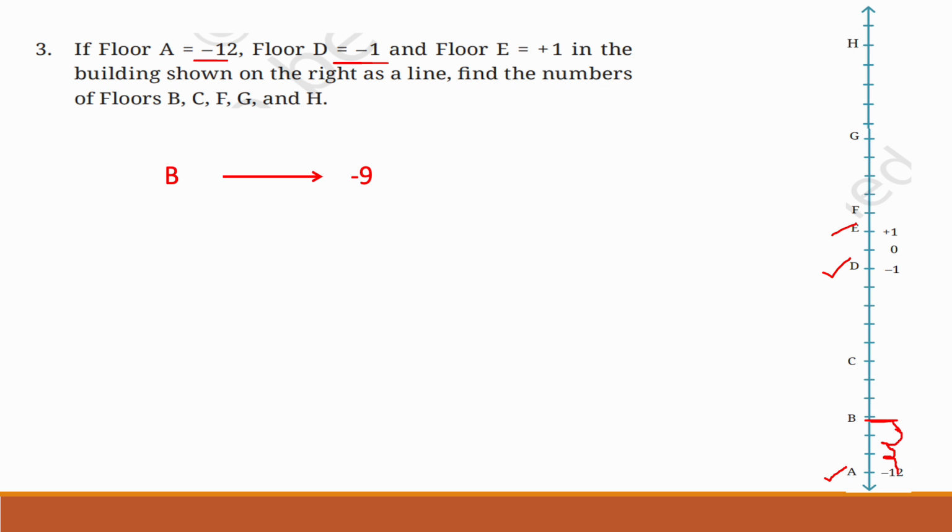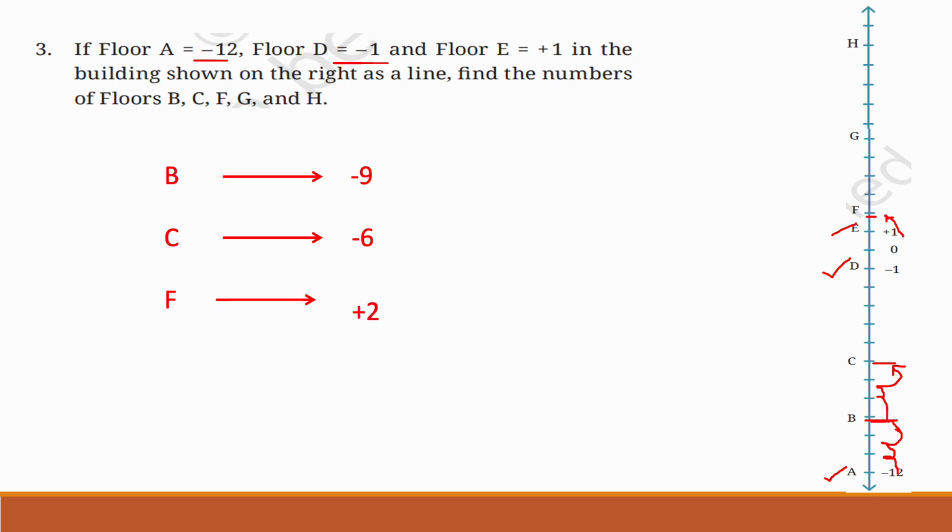Then, next is C. See, this is C. B is minus 9. So, minus 8, then minus 7, minus 6. Here it is minus 6. Then, F. See, this is F. So, this is plus 2.